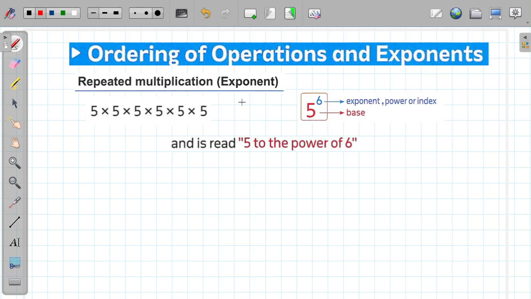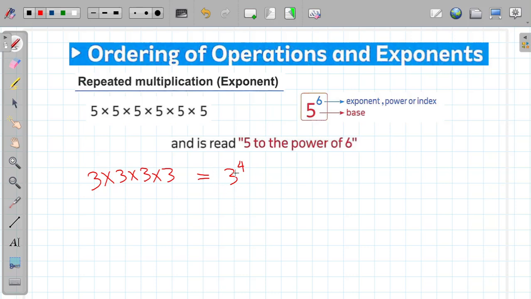Okay, so if I have here 3 by 3 by 3 by 3, equals what? I have here 3 multiplied by itself 4 times. So I can say 3 to the power of 4.